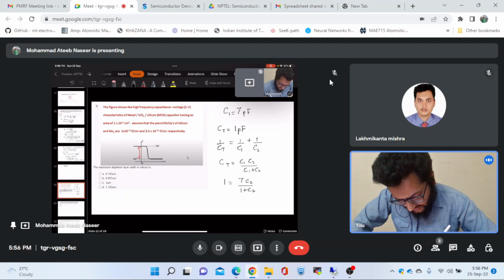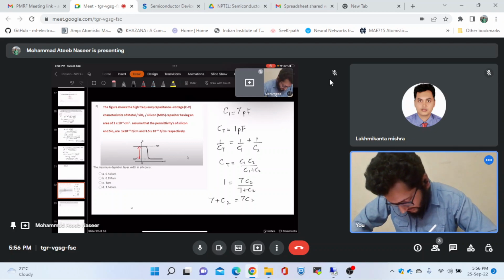Okay, have I done something wrong? Yes, this is 7. This C1 is 7. So 7 plus C2 equals 7 C2, or this C2 is equal to 7 by 6 picofarad.